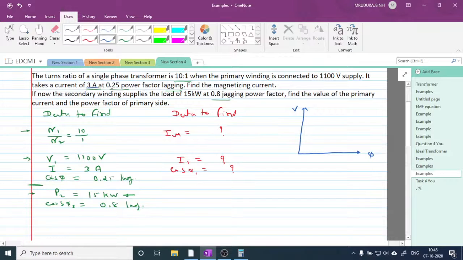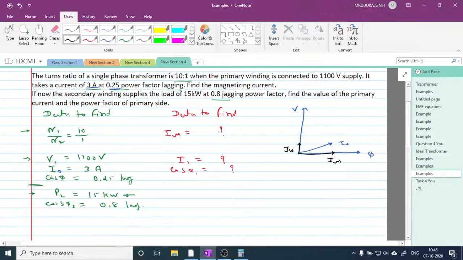That means this current and this power factor is of no load condition, when no load is connected to the transformer. So we can call this as I0. So this 3 ampere of current will become I0 is equal to 3 ampere. This current has two components. One is I mu, that is the magnetizing component, and IW is the working component or active component.